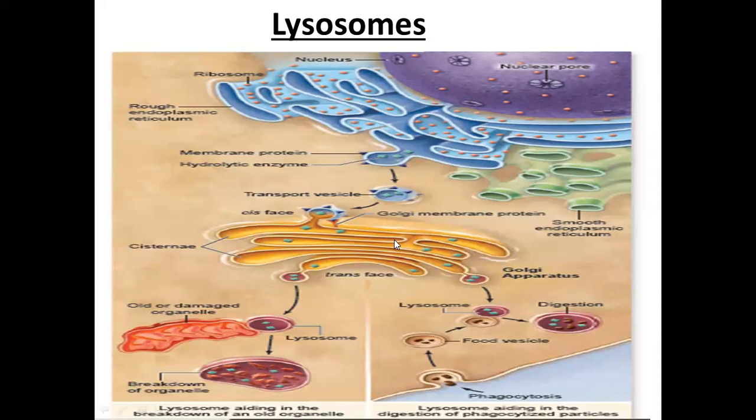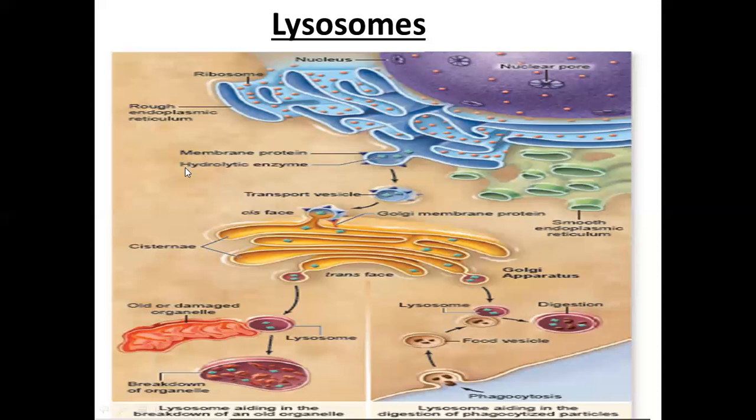Okay, so we're talking about the lysosomes. We've talked about them being involved in degradation of old or damaged organelles. These are rich in hydrolytic enzymes, so they contain proteases, nucleases and lipases.